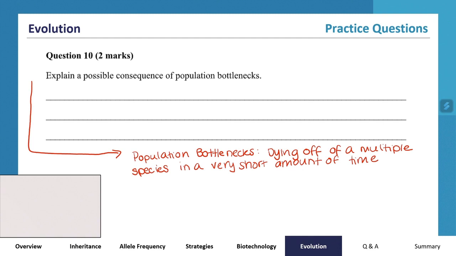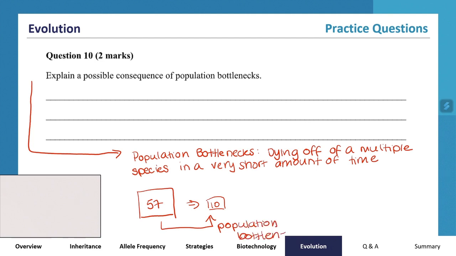So, for example, if you had an ecosystem that had 57 species, and then there was a natural disaster, like a forest fire, that wiped out until there were only 10 resulting. This rapid decrease is a population bottleneck. And it happens in a very short amount of time because of a natural disaster.